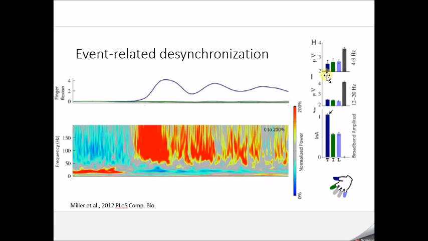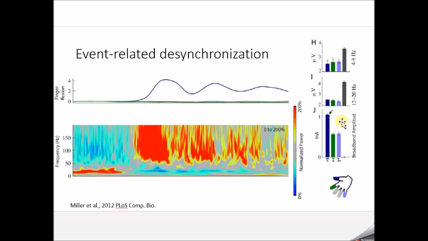So when the thumb moves, the low frequency power in these two bands decreases. However, if we look at the broadband amplitude, or the amplitude across the frequency spectrum that includes the high frequencies, then we see specifically at this electrical recording that the broadband amplitude increases most for the thumb flexion.